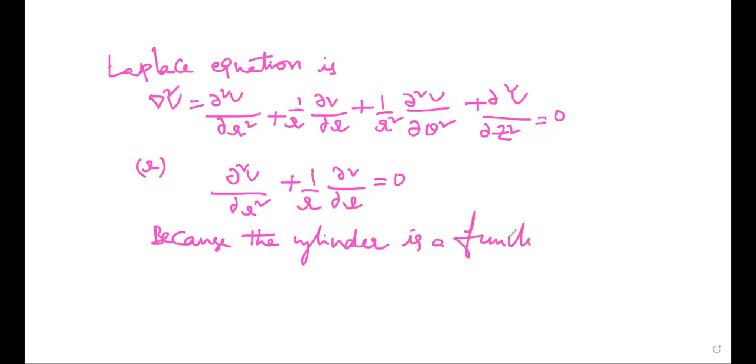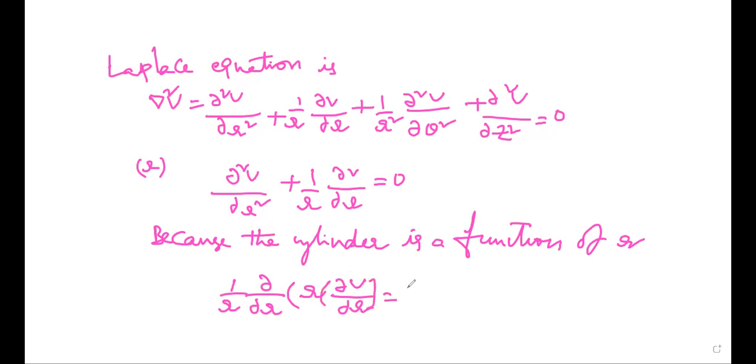So then 1 by r into dou by dou r of r into dou V by dou r is equal to 0. So then dou by dou r of r into dou V by dou r is equal to 0.